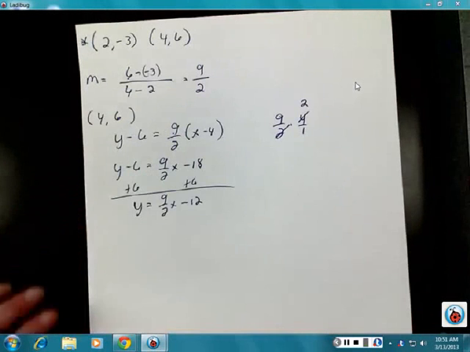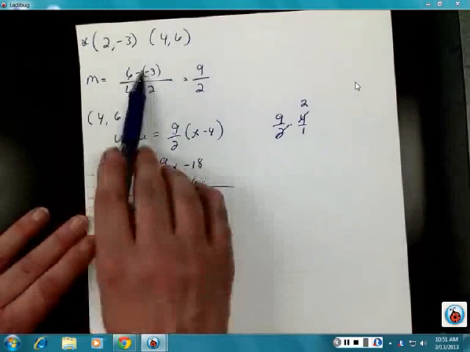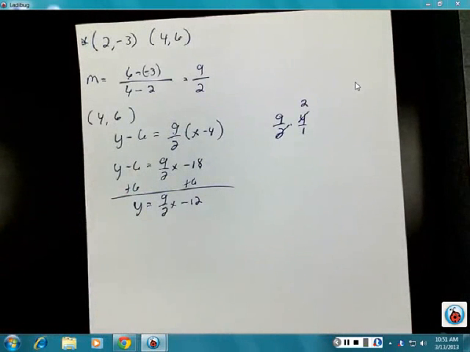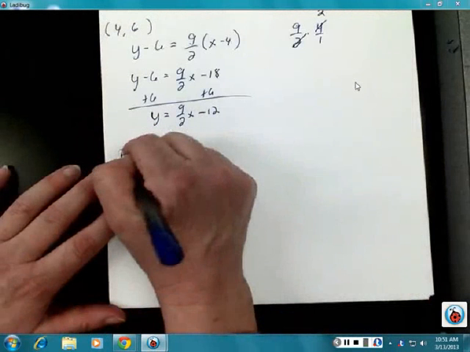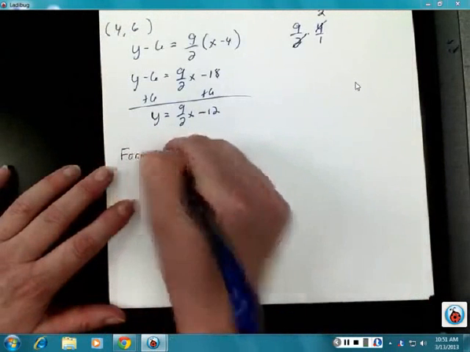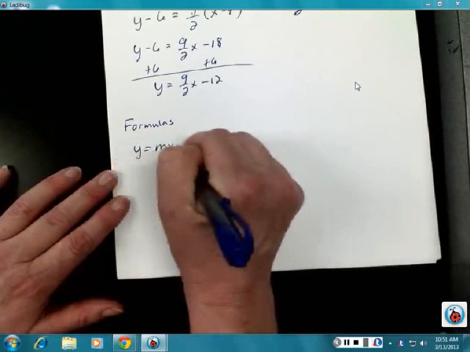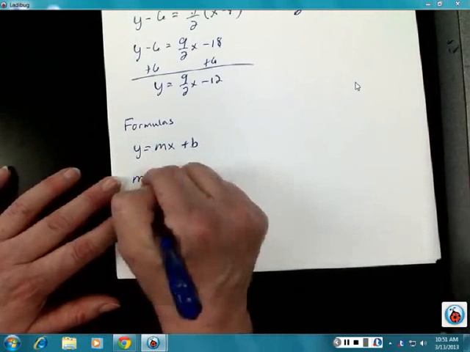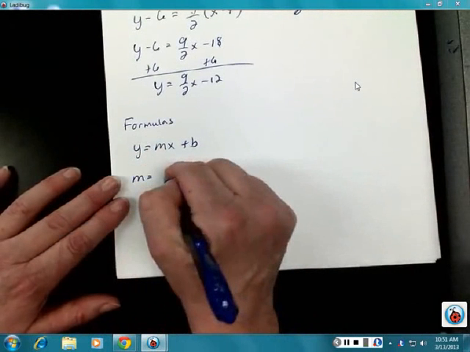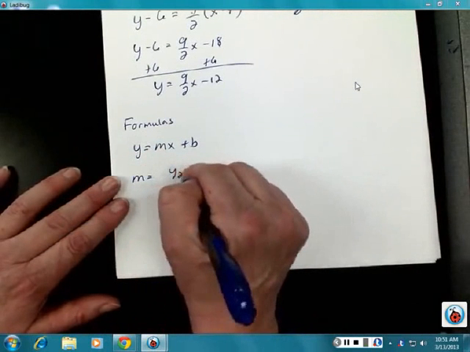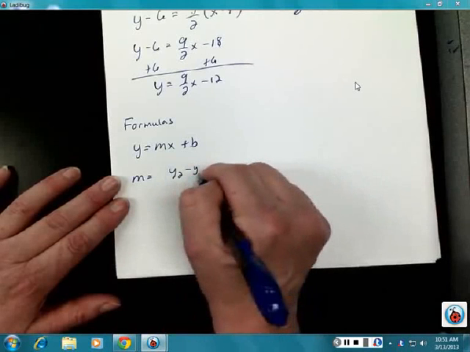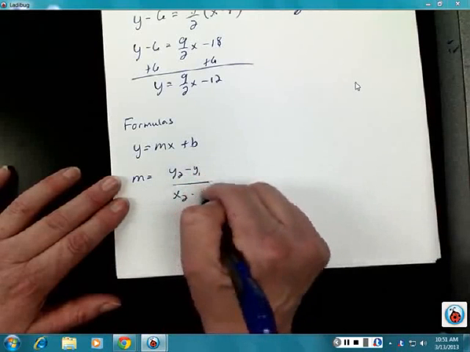The biggest problem is probably trying to remember your formulas with these. So far on formulas, just have them all together. The formulas that we've had are y equals mx plus b. We've had the slope formula, which is y2 minus y1 over x2 minus x1.